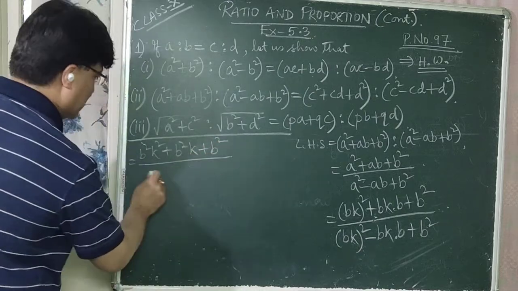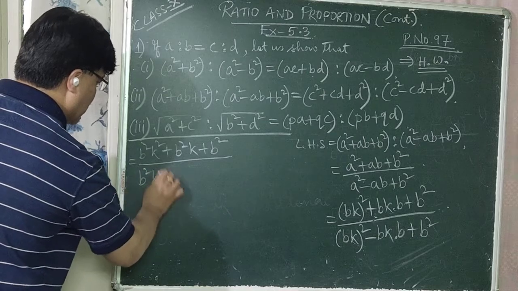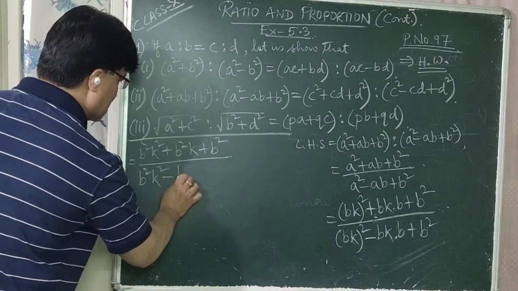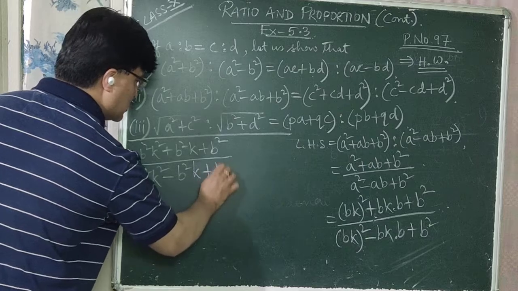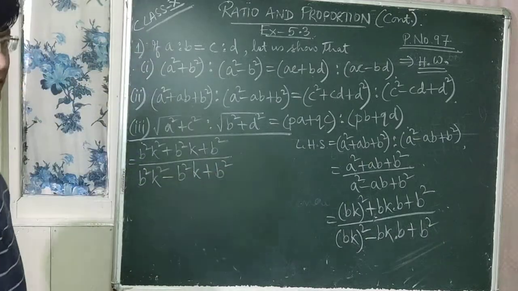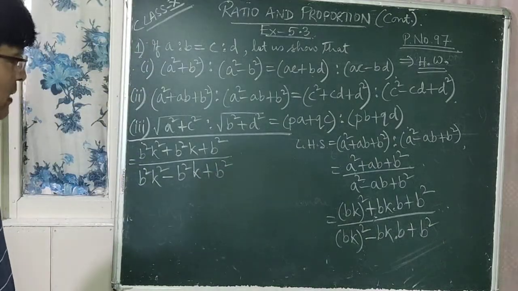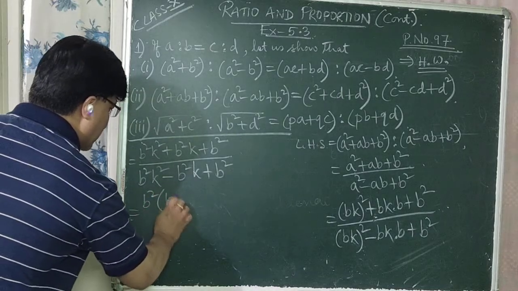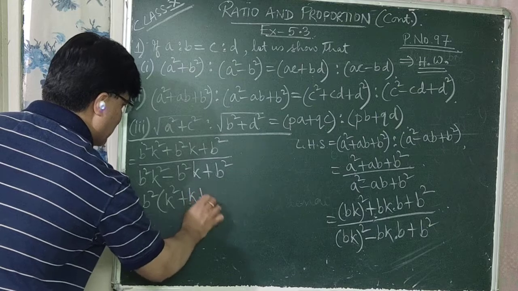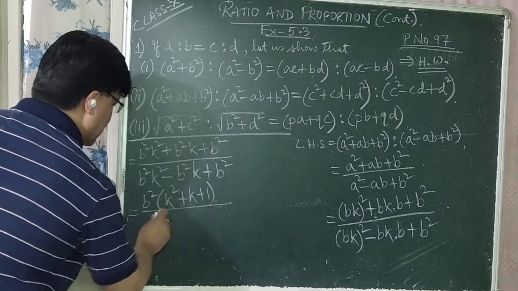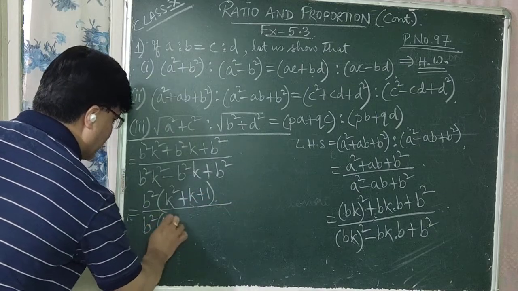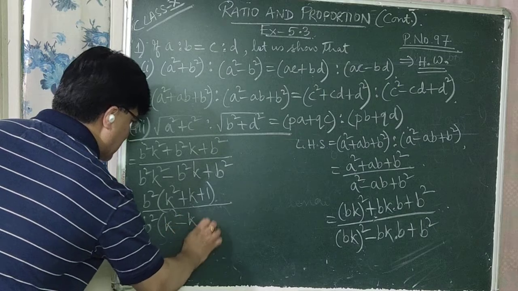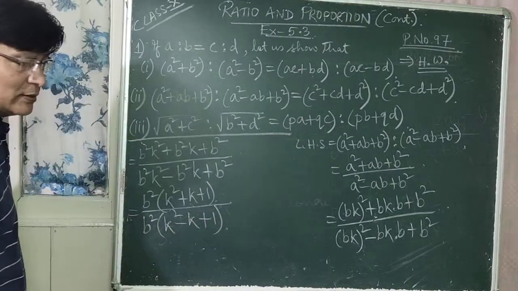This divided by, in the denominator, B square K square minus B square K plus B square. Is that clear to all of you? So now you can take common. You know what is common in the numerator? It is B square within bracket K square plus K plus 1 divided by B square within bracket K square minus K plus 1.